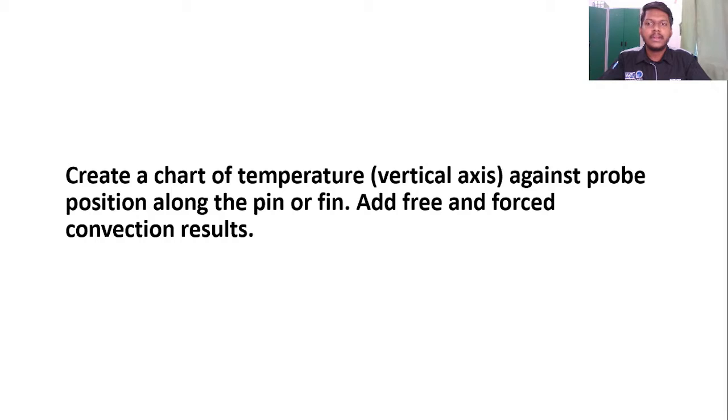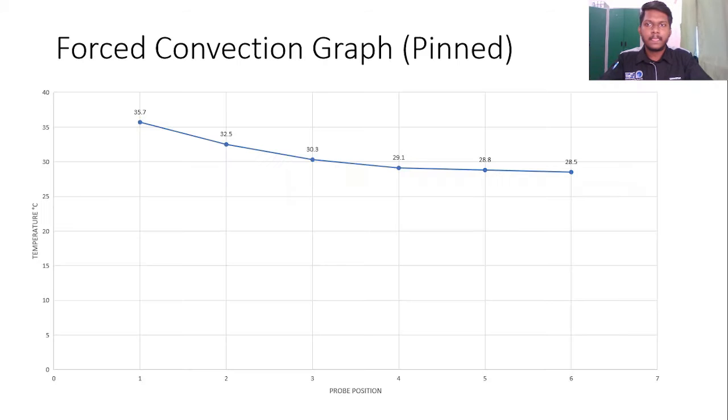The first question is to create a chart of temperature on the vertical axis against probe position along the pin or fin. Then the next question is to add free and forced convection results. So this is the forced convection graph for pin as shown from the probe position. The first position, the temperature is 35.7.